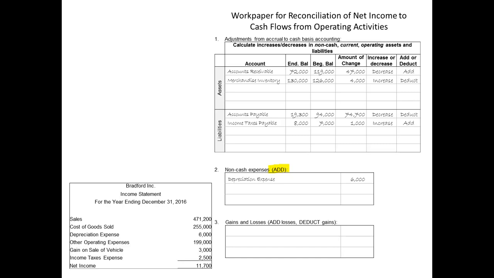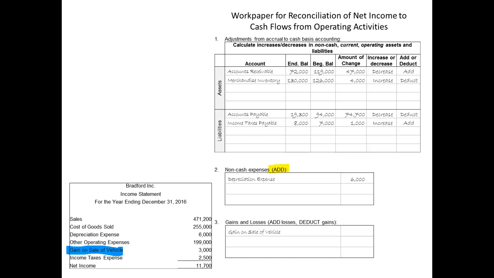And finally, we need to see if Bradford had any gains or losses in 2016. In which statement will gains and losses be found? Since gains are just a special type of revenue and losses are a special type of expense, look on the income statement. During 2016, Bradford had a $3,000 gain on sale of vehicle.